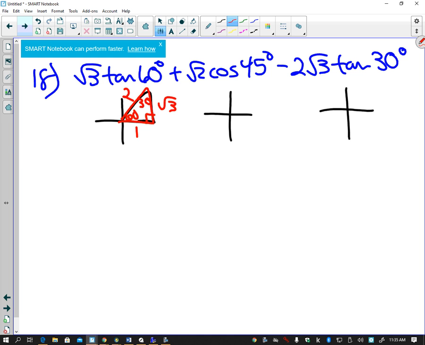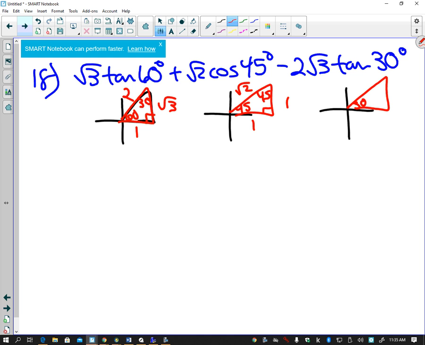Okay, so let's come over to this other one. This is 45 degrees, 45, 45, 90. What's opposite the 45s? 1. So 1 and 1, and on the hypotenuse, opposite the right angle, radical 2. Okay, and then we've got 30, 60, 90 over here.